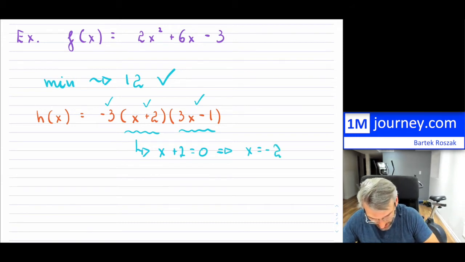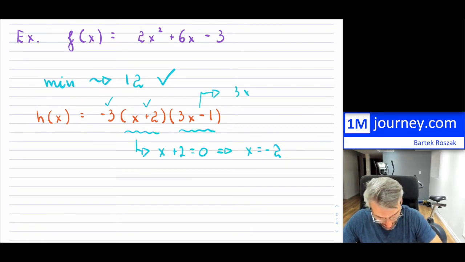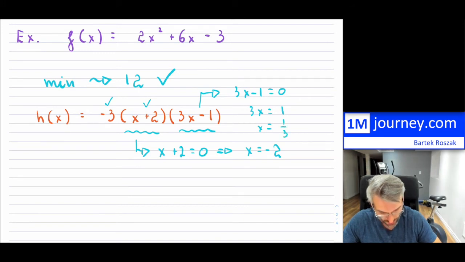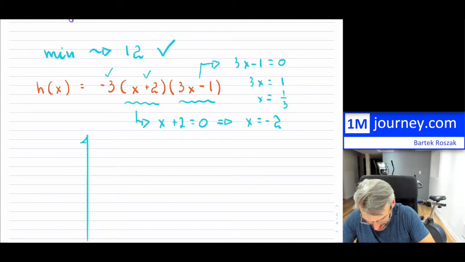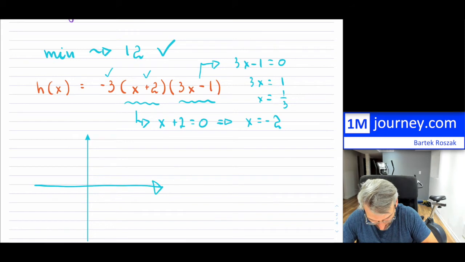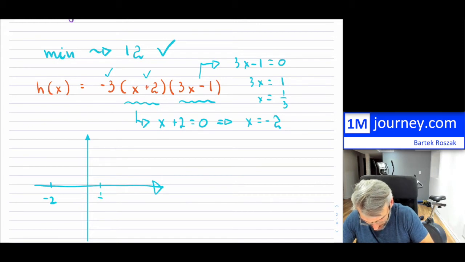And for the second one, if I solve for x, I'm going to find that x is basically 1/3. So that tells me that if I plot this out, my parabola is going to be going through -2 and then 1/3.